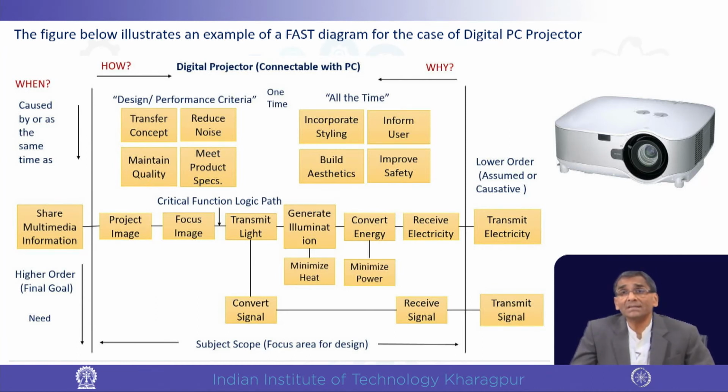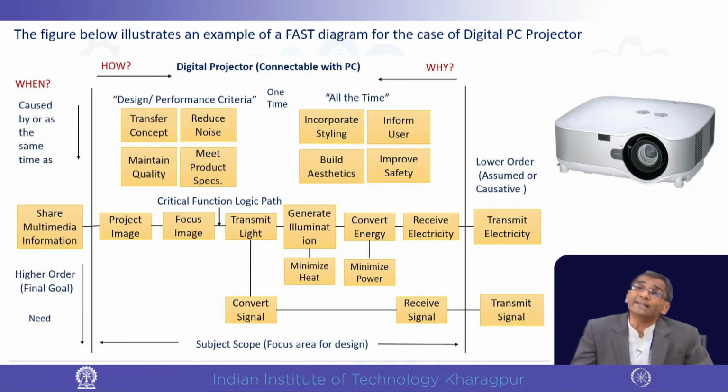How is that possible? To project image. How is the image projected? By focusing the image. How is the focusing happening? That is again by transmitting the light. How is transmitting light possible? By generating illumination.